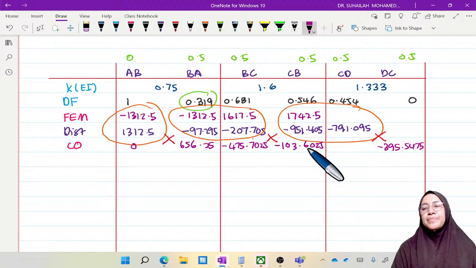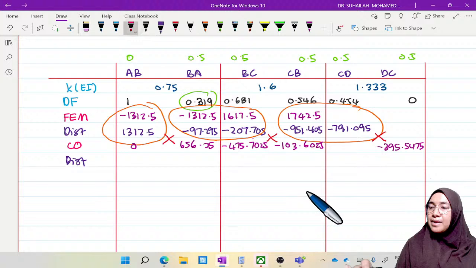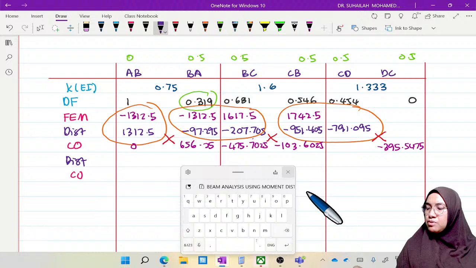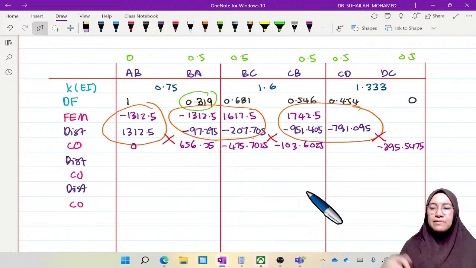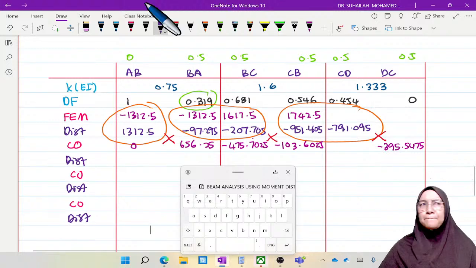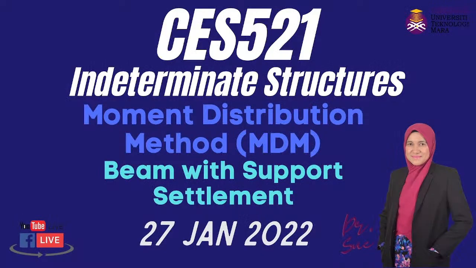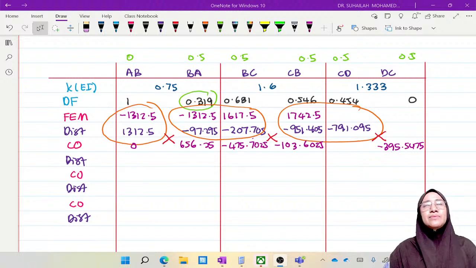Repeat for distribution, and then repeat for carry over, and then repeat for distribution, and then carry over again, until the last distribution reaches 0.0.